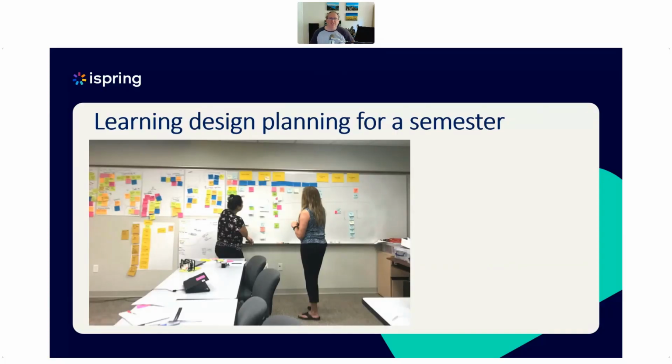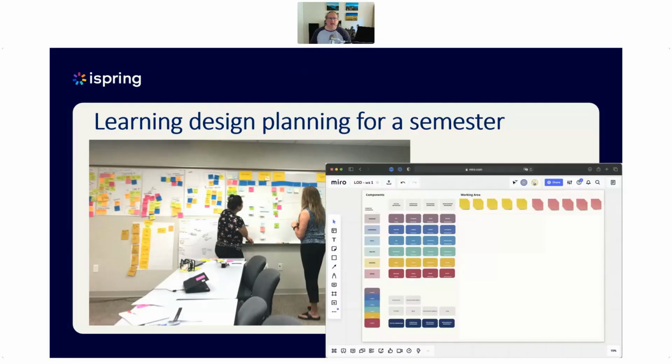Some people like doing it the analog way with Post-its. You can see a whole lot of Post-its there mapping out semester, weeks, learning outcomes, activities, all there for the team, and it was a big subject, so multiple people could walk along. Some people do this digitally. There's Miro, which is a popular digital tool, and you can do that same kind of equivalent mapping.